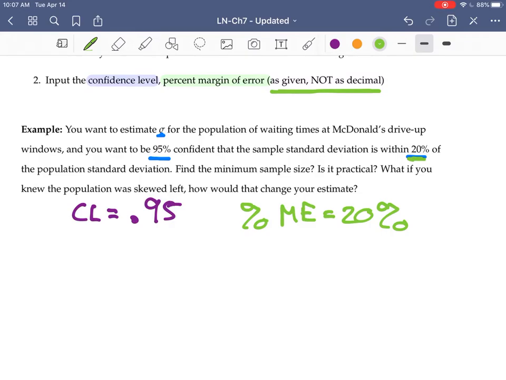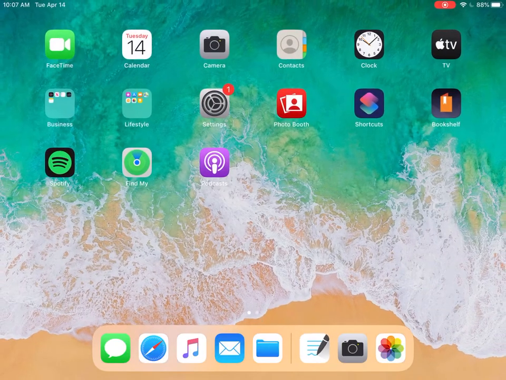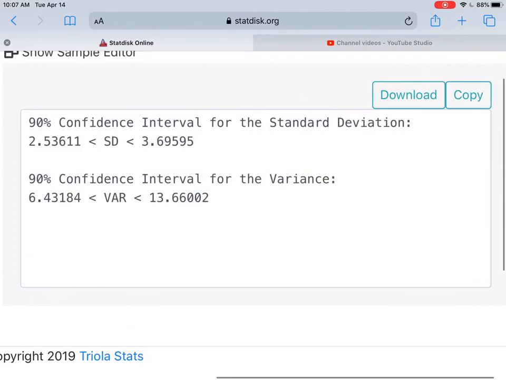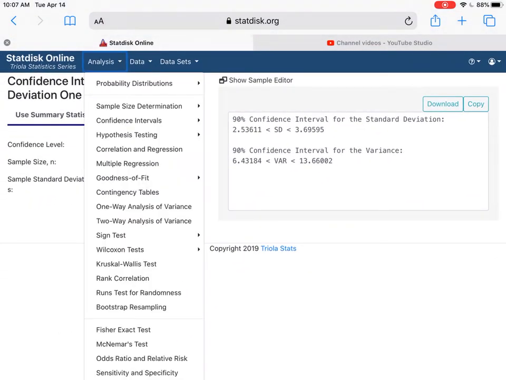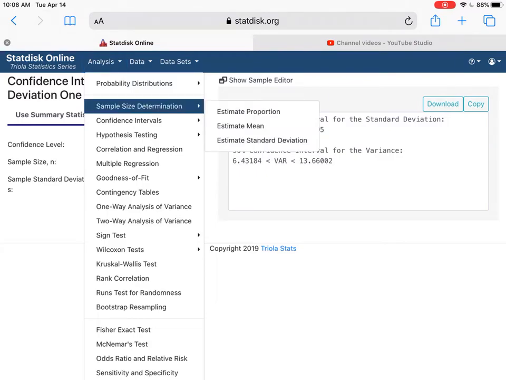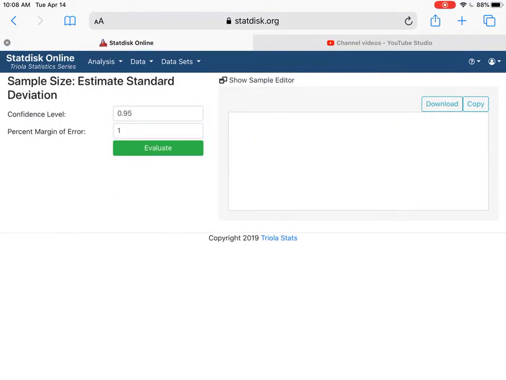So we're going to go to StatDisk. Here in StatDisk, we are going to choose Analysis. We're trying to determine a sample size, so we're going to choose Sample Size Determination. We want to determine the sample size in order to estimate a standard deviation. We need to input two things.